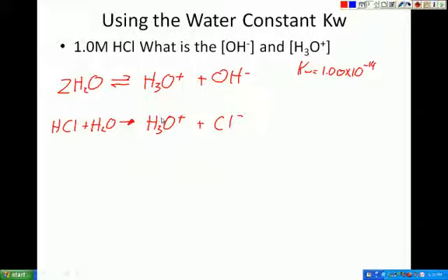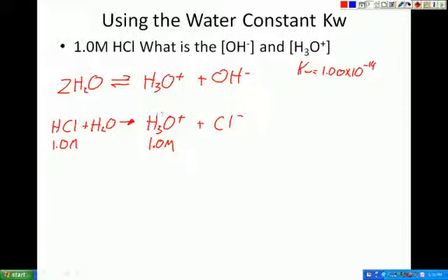So H3O+ is going to increase this one. If this was, like our problem says, 1.0 molar, it's going to be just a forward reaction, and that means that H3O+ is also going to be 1.0 molar. So this is going to be 1.0 molar, and this will also be 1.0 molar.